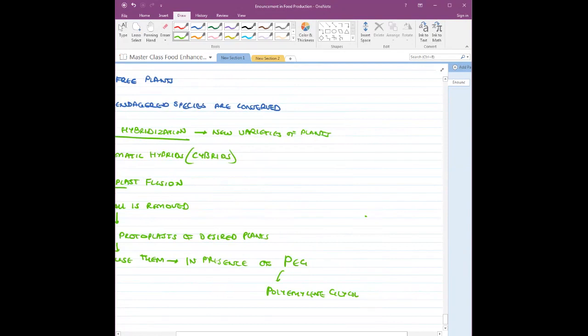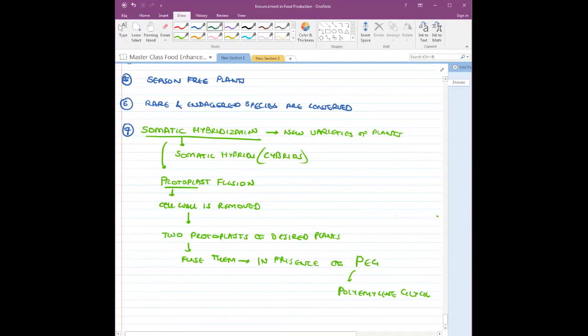Okay. And now by doing this method, guys, what have we got? First one, by the fusion of potato and tomato, we have got pomato.